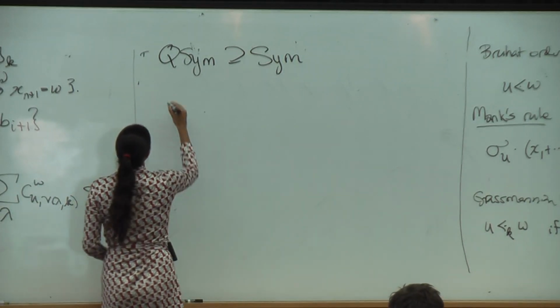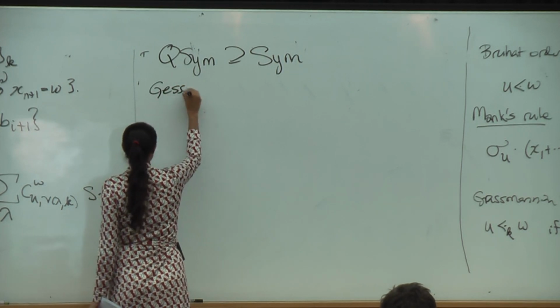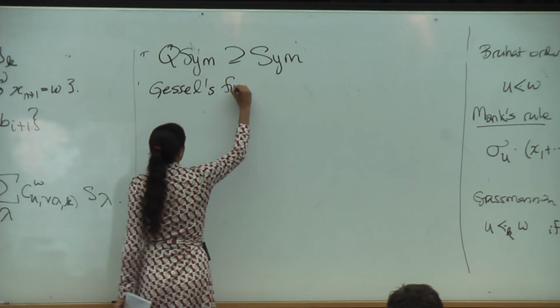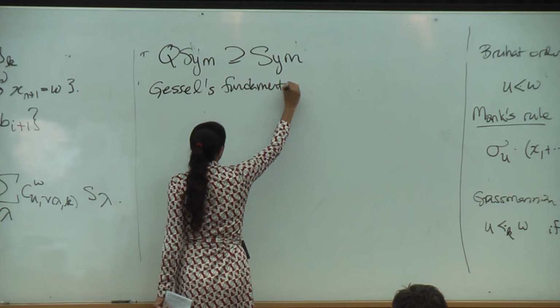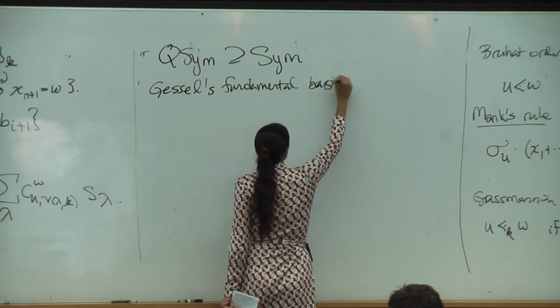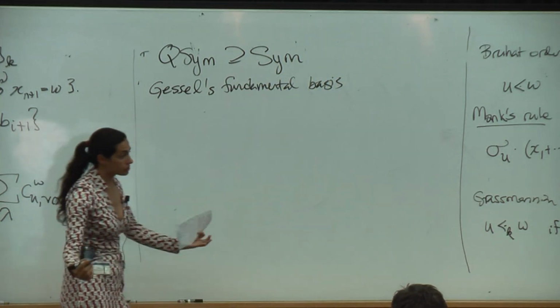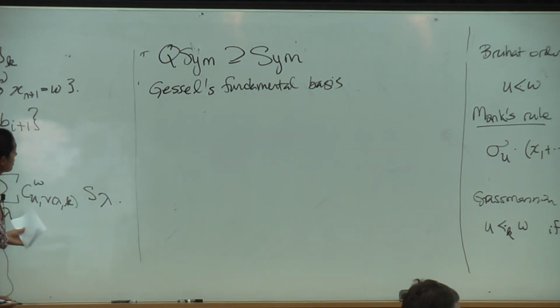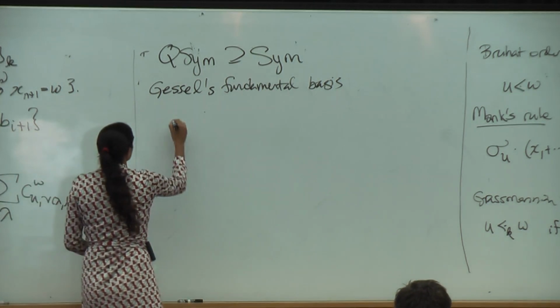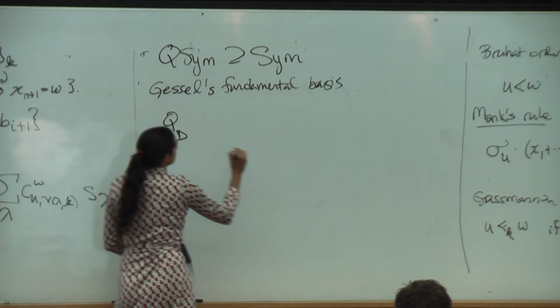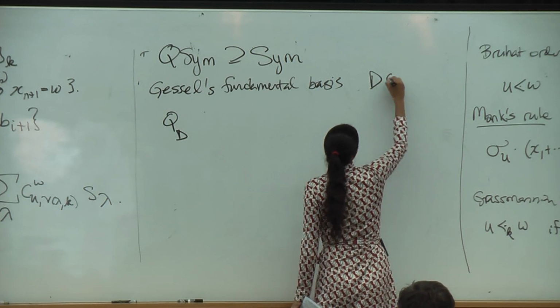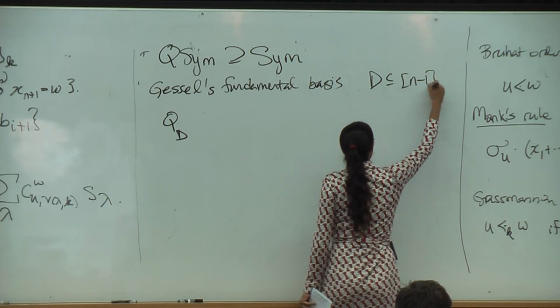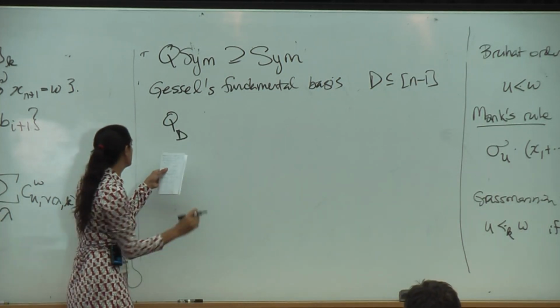Gessel gave a basis for this, and I'll call it the fundamental basis or Gessel's basis. Quasi-symmetric functions are a vector space, and their dimension is 2 to the n minus 1, so they can be indexed by subsets. So if you take a subset D, let's just say D is a subset of n minus 1, then what's Q sub D?